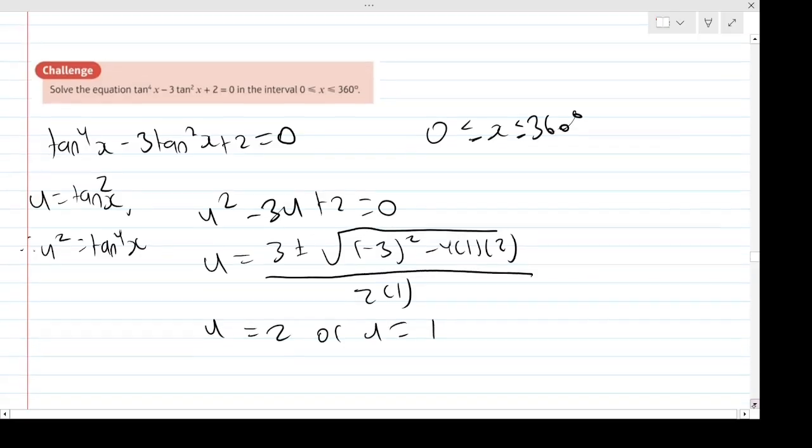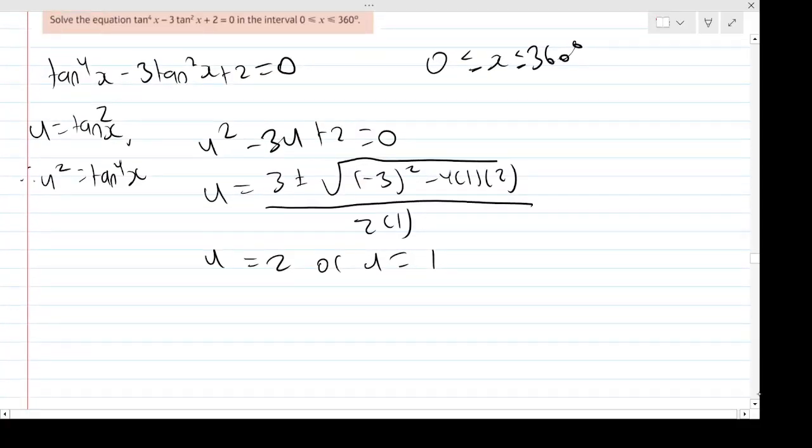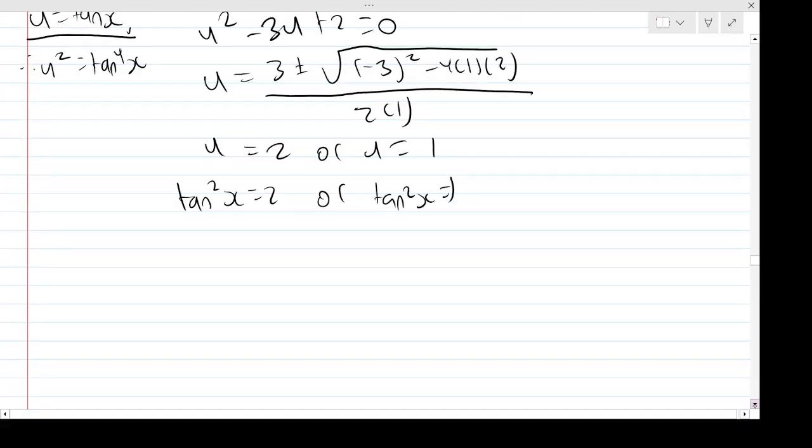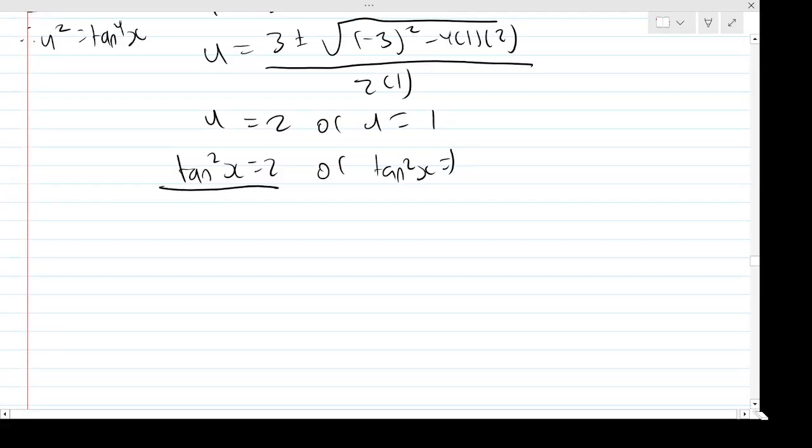Okay, so therefore I don't want u, but I want this tan. I said up here that u is tan squared x. So that means either tan squared x is 2 or tan squared x is 1. And actually, what makes this a bit trickier, or a bit more work I should say, is that we have tan squared.